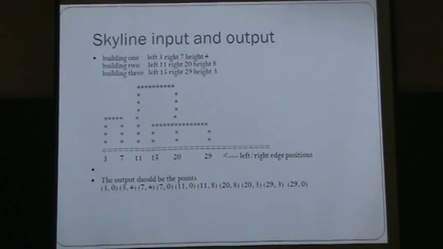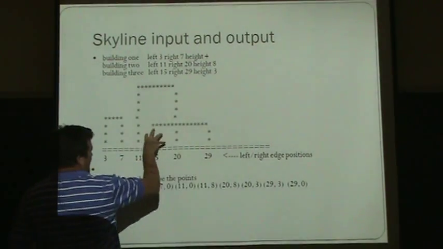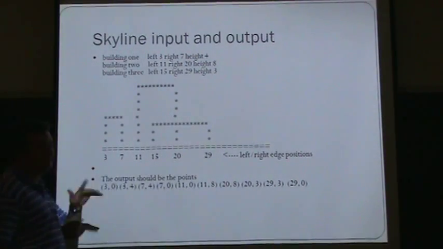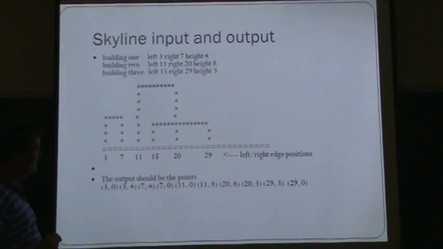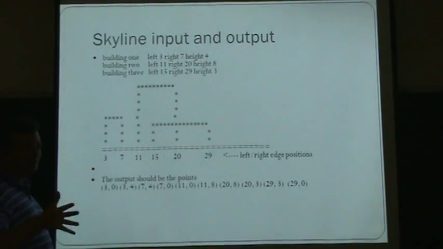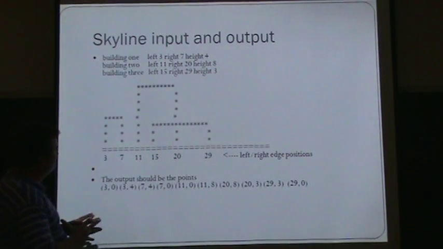So does it make sense what the question is? The input is a bunch of buildings. We're not going to solve this one tonight, programming-wise, but we'll throw some ideas around how we would do this. Sorting and using the find max algorithm would help. But first we want to understand what the question is.